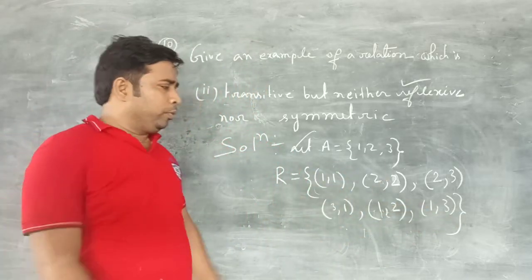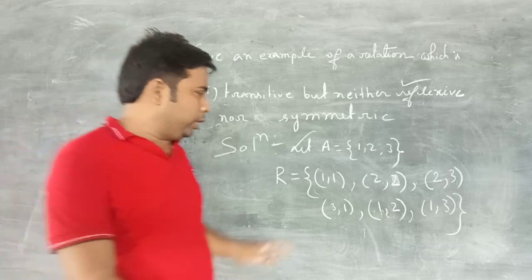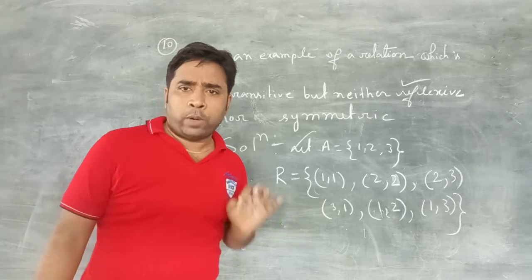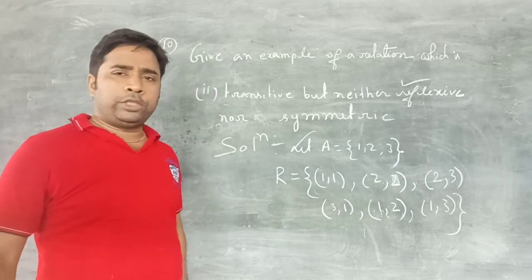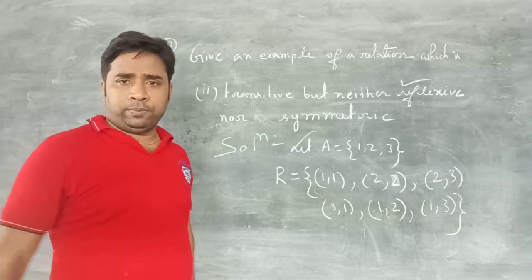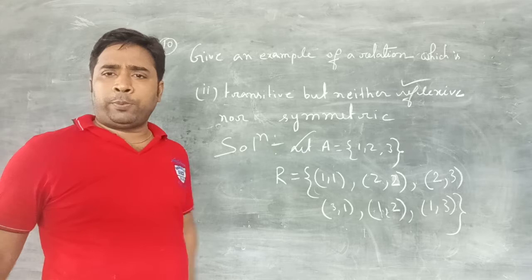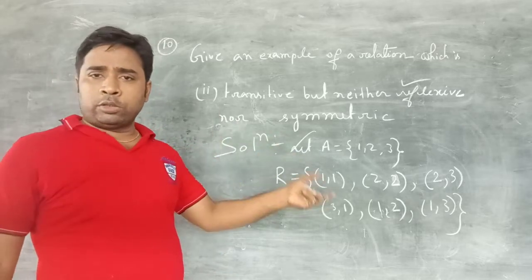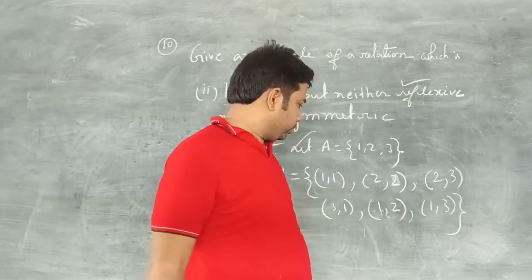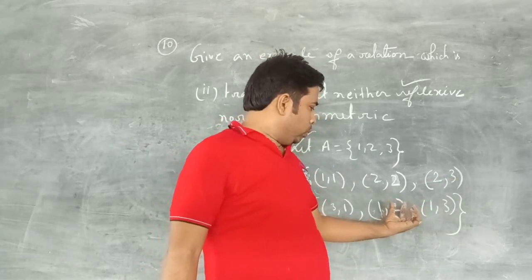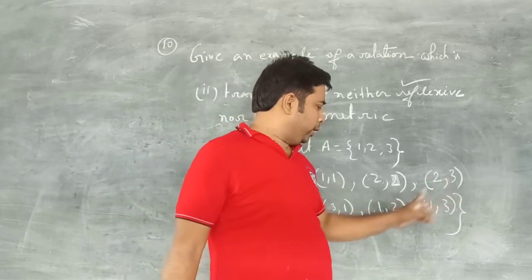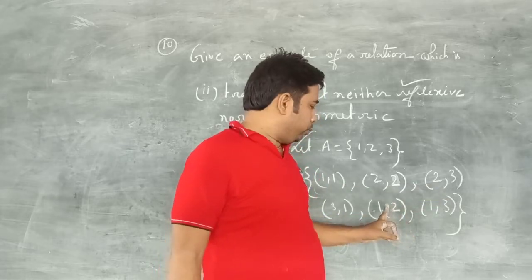Let us verify whether this is a transitive relation or not. You shall consider the elements according to the definition. The definition is: if we consider two elements such that the second element of the first pair and the first element of the second pair are the same, then we cancel the common elements and the remaining elements must be in R. If we consider (1,2) and (2,3), the 2 is cancelled, so what is left? (1,3) is left.